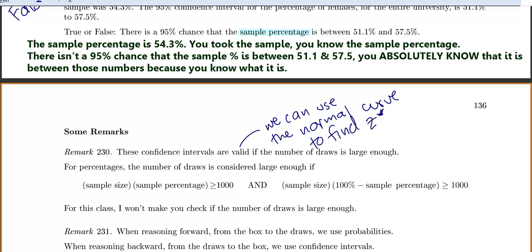It's valid if the number of draws is large enough. For percentages, the number of draws is considered large enough if the sample size times the sample percentage is at least 1,000, and the sample size times 100 minus the sample percentage is at least 1,000. However, for this class, I'm not going to make you check to see if the number of draws is large enough. We'll just assume that it is.